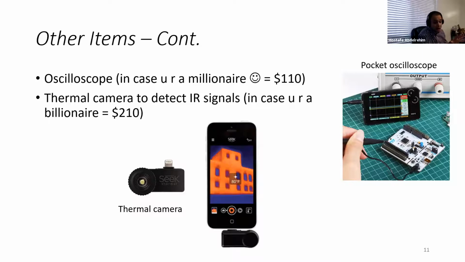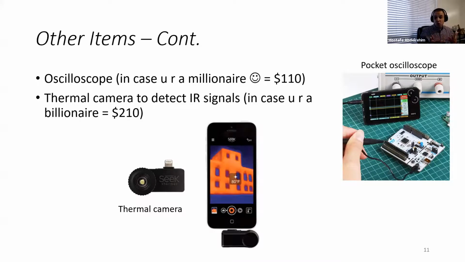But why a thermal camera? You remember I said that we have the IR distance sensor. It emits an infrared signal, which is not seen by our eyes. So if you want to know if it is working or not, you cannot see the infrared signal. If it's a normal LED, you can see the light, but this one is an infrared LED.